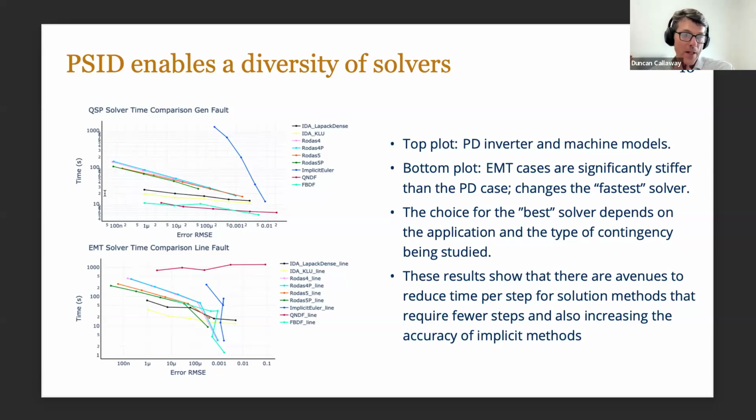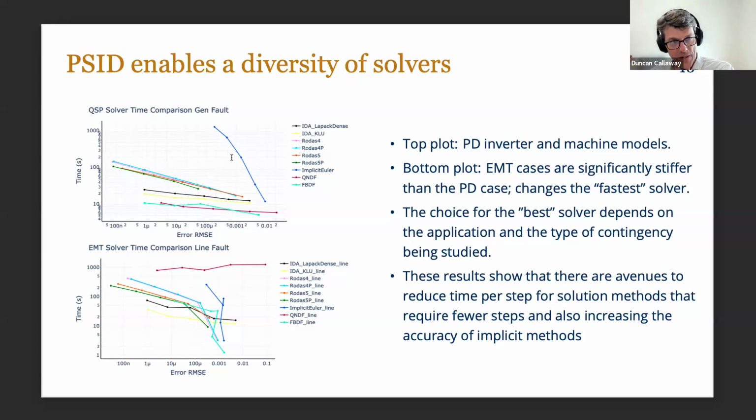You can see that for different amounts of error in the numerical integration solver, the parameter that governs the error the solver strives for in the ODE integration, you can see the simulation time that we get across different types of solvers.